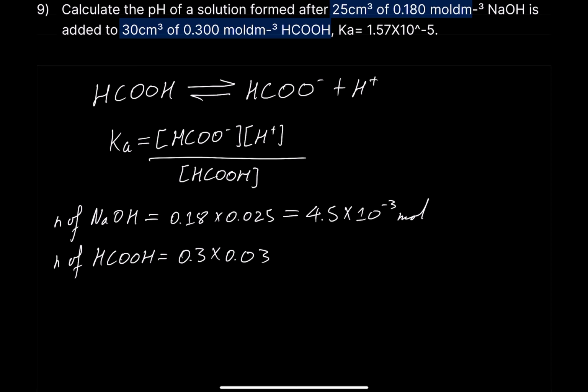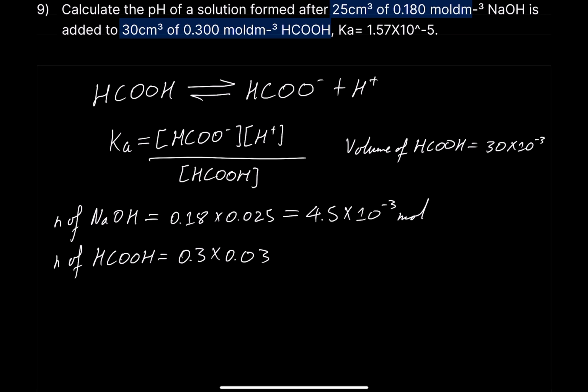So the volume of methanoic acid is 30 over 1,000, or times 10 to the power minus 3.